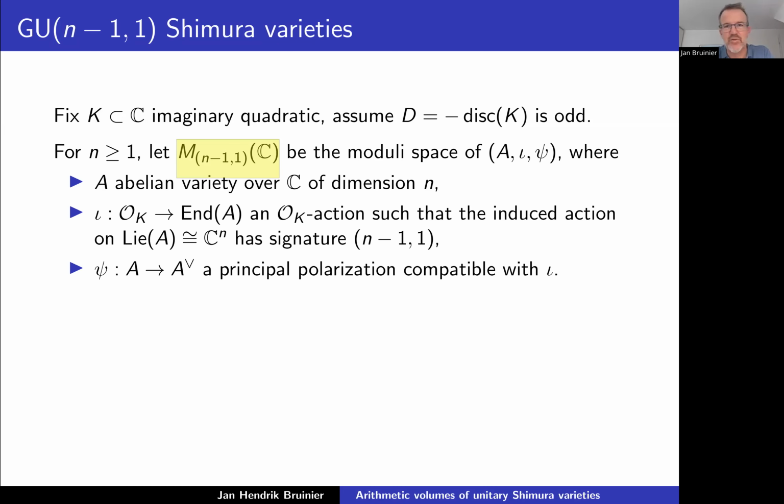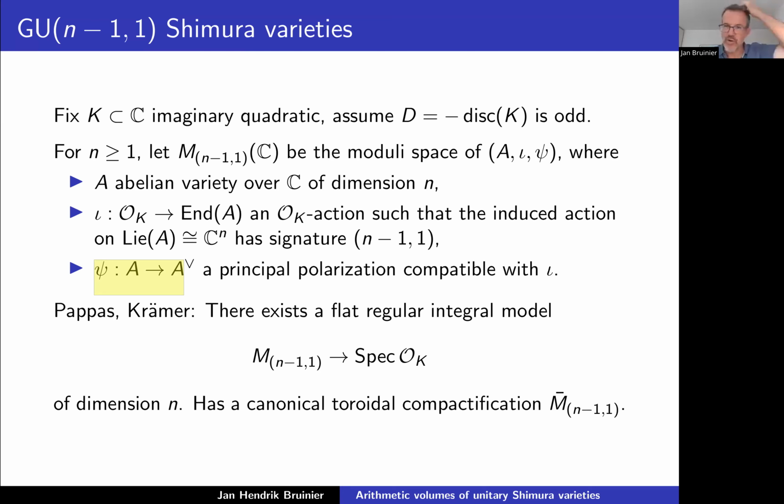So this should be the moduli space of triples (A, iota, psi), where A is an abelian variety of dimension n, iota is a complex multiplication, O_K action, where the O_K action should have signature (n-1, 1). So this is a condition on the induced action on the Lie algebra of the abelian variety. And there should be a principal polarization psi, which should be compatible with the O_K action.